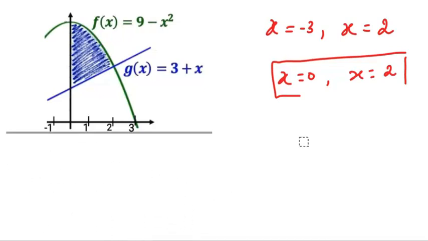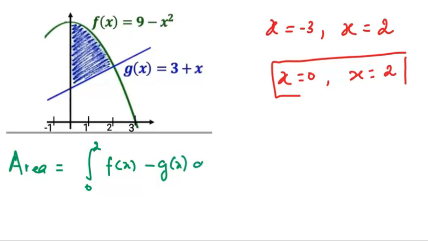So here we know our graph uses x equals 0 to x equals 2. Therefore, the area is going to be equal to the integral from 0 to 2 of f of x minus g of x dx.